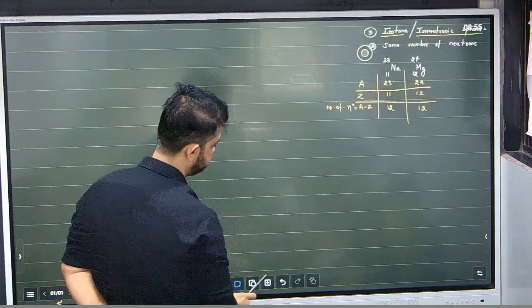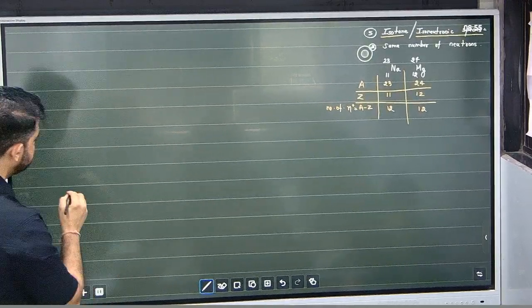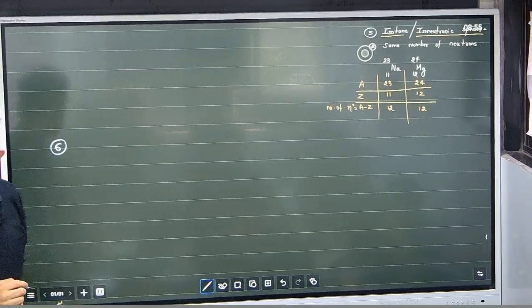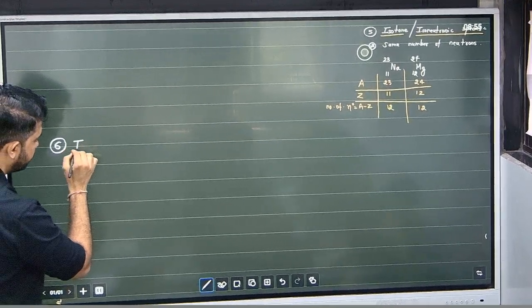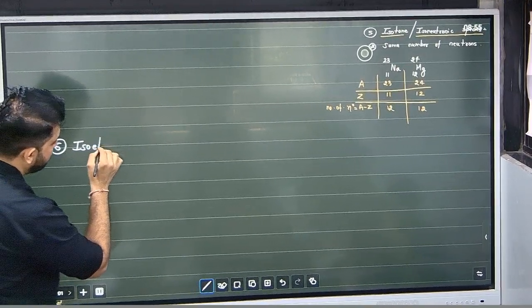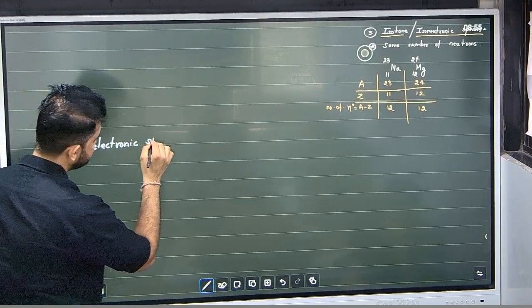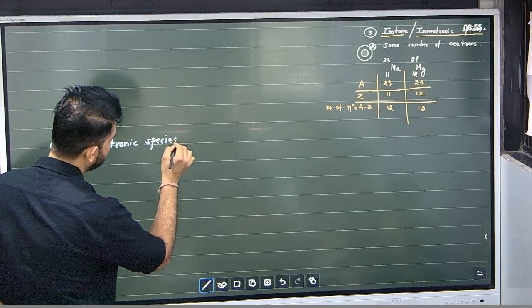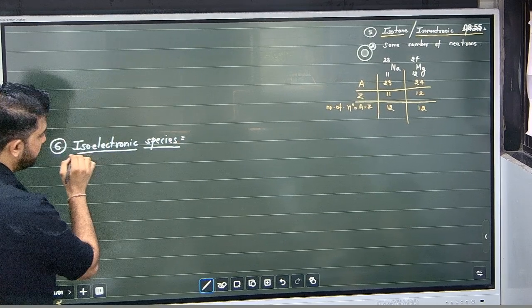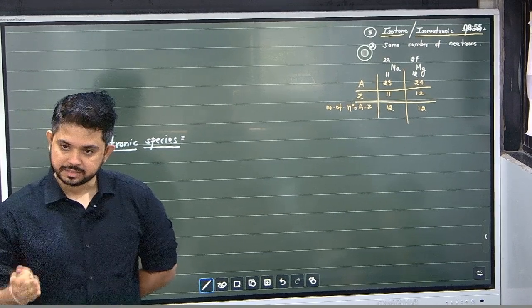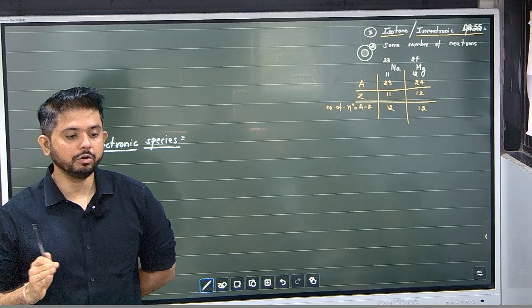Chalo. Now the next atomic term that we have is called isoelectronic species. Can someone guess and tell me what do you think is isoelectronic? Same number of electrons.